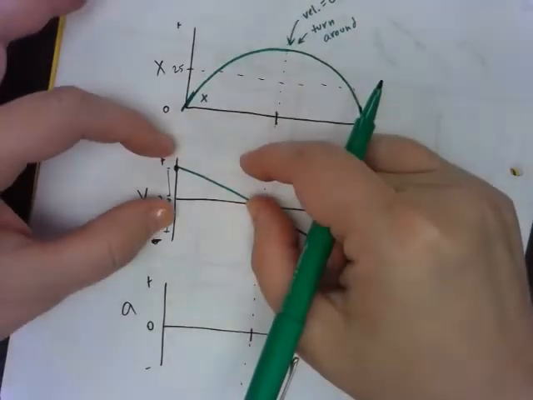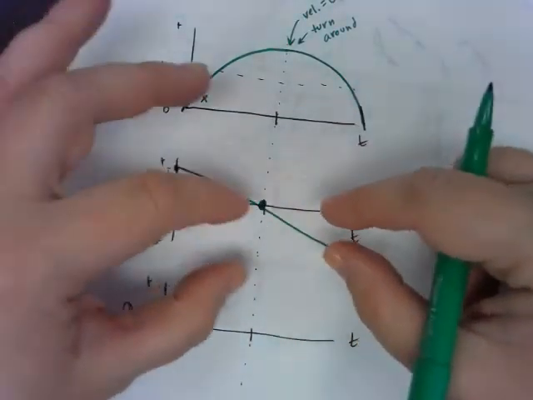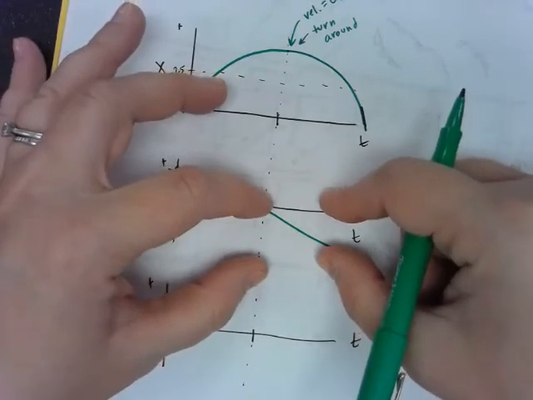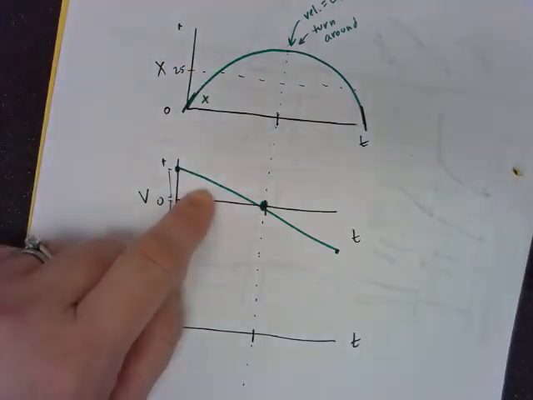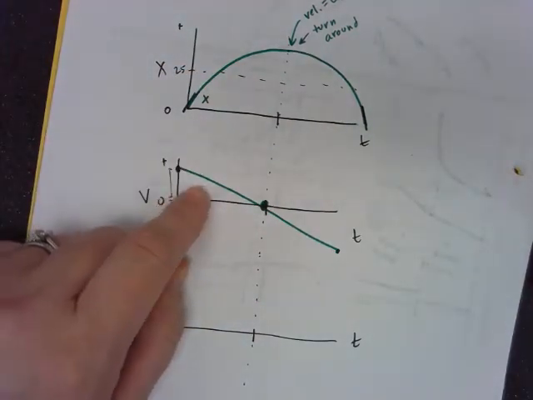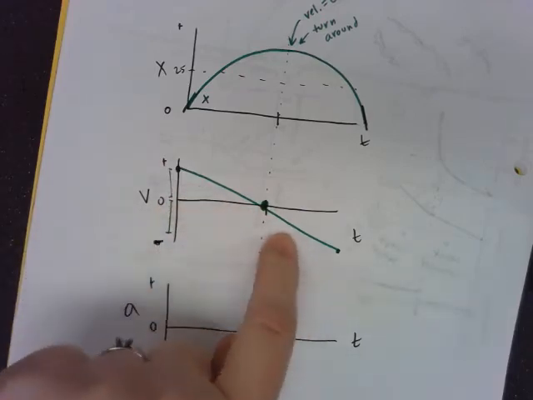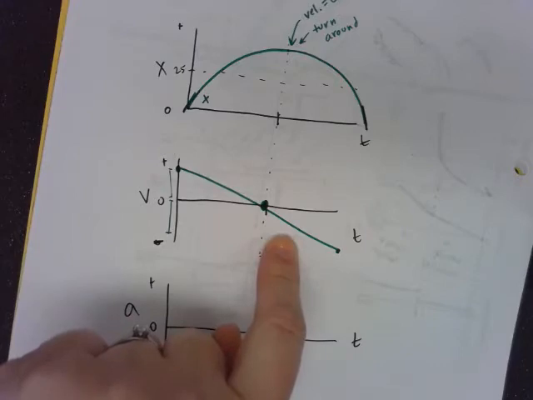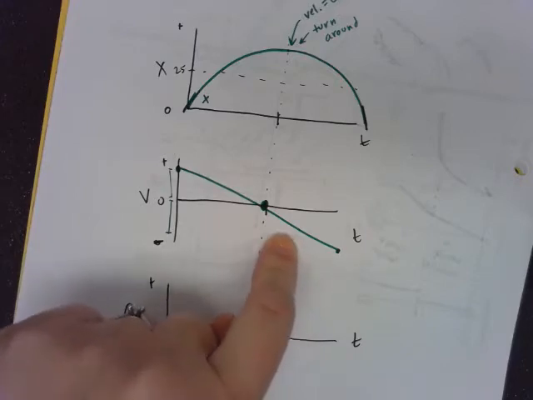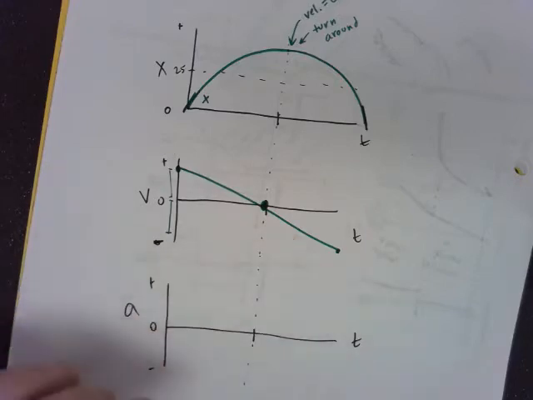And in the first half, it has a positive value. And in the second half, it has a negative value. So over here is when you have a velocity that's going in the positive direction. In the second half, we have a velocity that's in the negative direction, right? Because that's all the sign is telling us, which direction it's going.